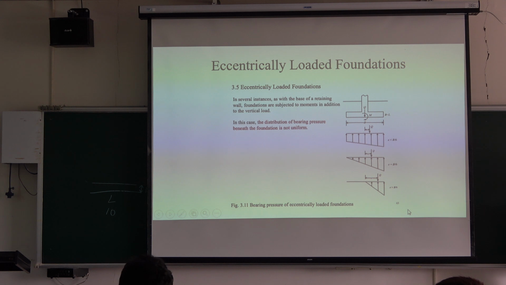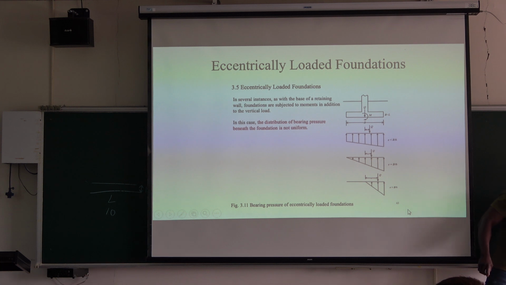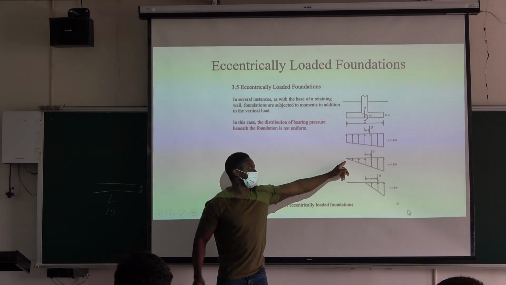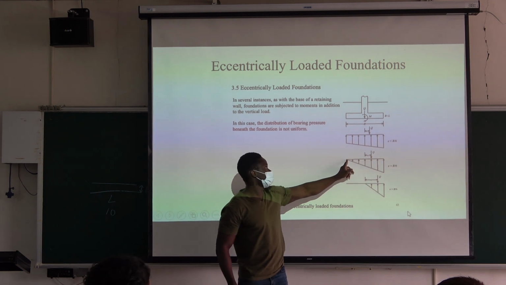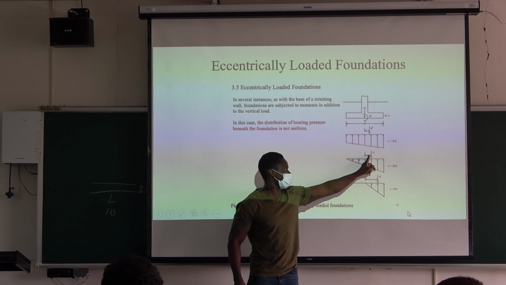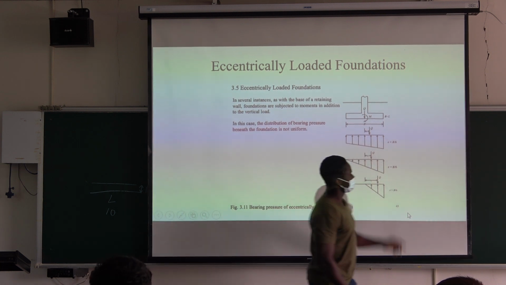This will be 2/3 of X, right? This point will be 0, and then this one will have the maximum. So here we already say this is 0. How do we know that at this point here, this is 0? We say from here to here is B over 6.